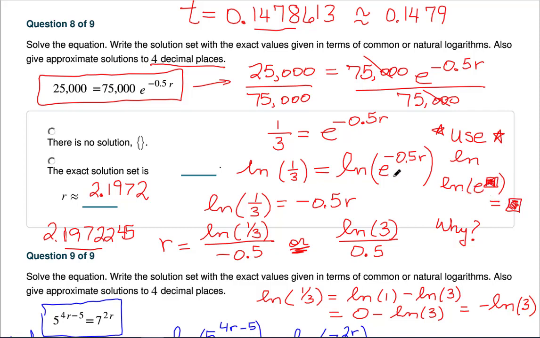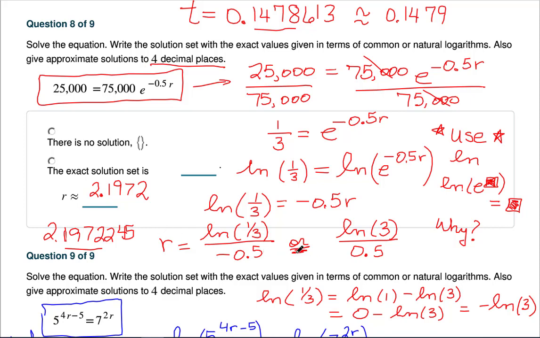So take the natural log and I get ln of 1/3 equals, I get it back, and then I simply divide by negative 0.5. And so that's the exact answer, which then we can calculate to get 2.19772 after you round it.